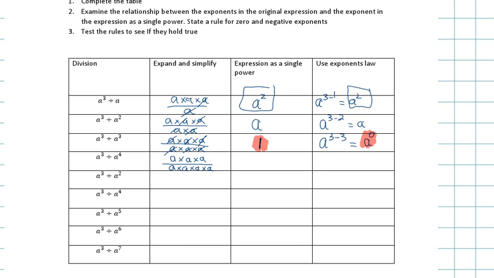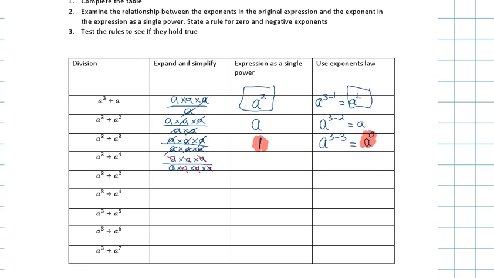Now, let's simplify this. What do I get? A to the power of -1? Don't speed things up. Okay, so if I divide this and this, this and this, this and this, what do you guys notice here? Where do I have an a left? In the bottom.